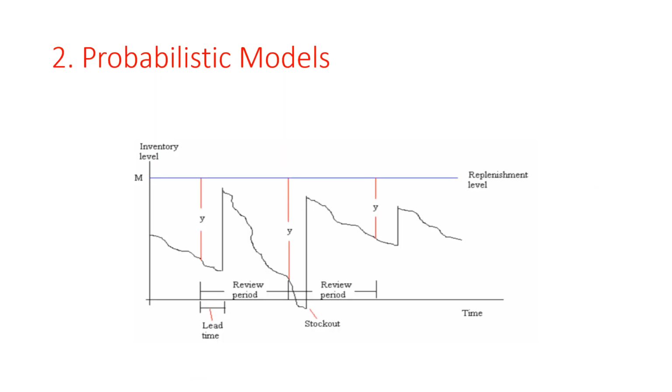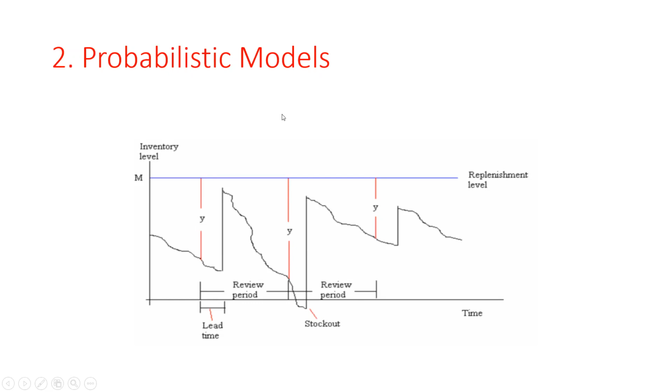Under the periodic review model, units are ordered each review period to bring the inventory position back to the replenishment level. Here we have lead time, stock out time, review period, inventory level over time, and the replenishment level.